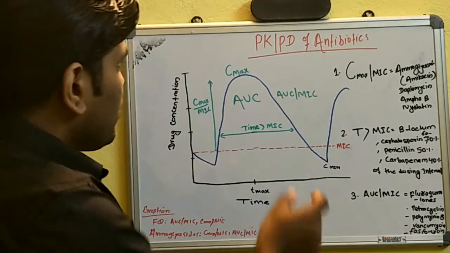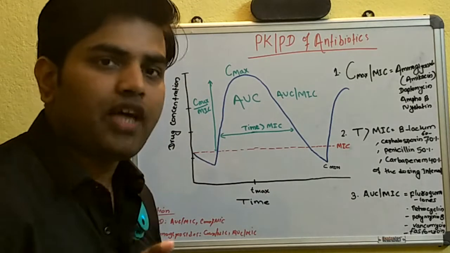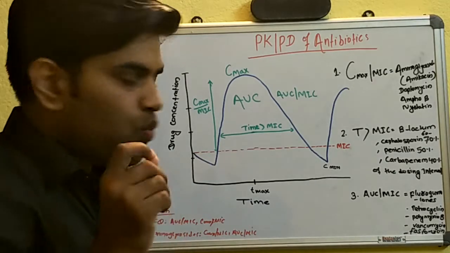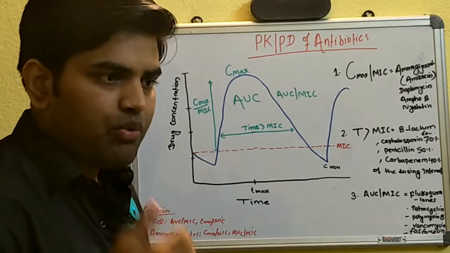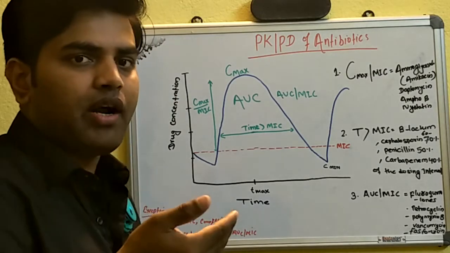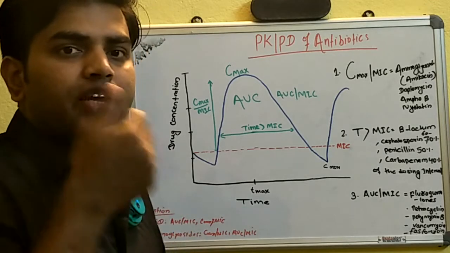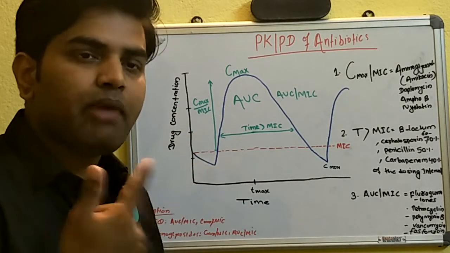Applying these two parameters, we have found that there are three types of bacterial killing. One is concentration dependent kinetics. When we increase the concentration of the antibiotic, the bacterial killing increases. The higher the concentration of antibiotic, the more the bacterial killing.